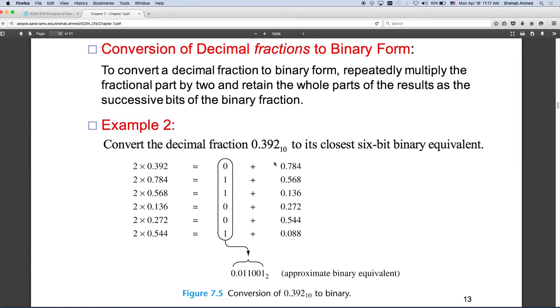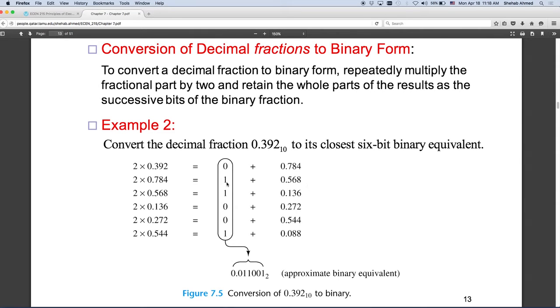So instead of dividing like before, what we do now is multiply by 2. And if I get a 1, I keep it. If I get a 0, so if I multiply 0.392 by 2, I get 0.784. So it's 0 plus 0.784. I take this 0.784 multiplied by 2, I get 1.568.